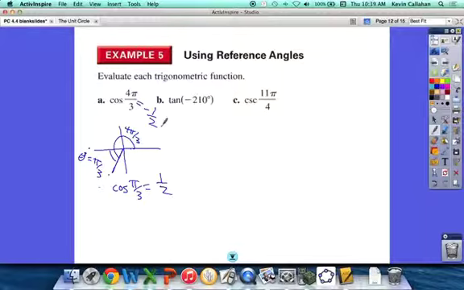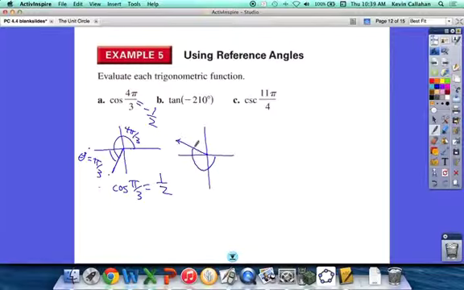So first we're just doing it for the acute angle, which is the reference angle, and then we're just using our knowledge of where these are positive and negative. Like tangent of negative 210, right? If we did the reference angle, negative 210 would be in which quadrant? It's more than negative 180, but less than negative 270, so it'd be about right there.